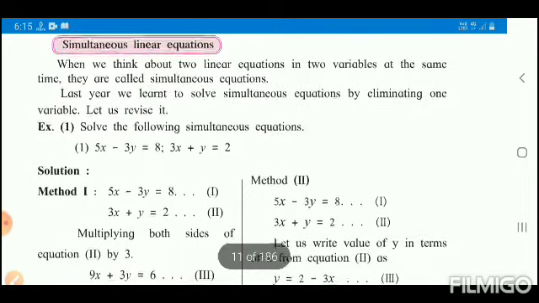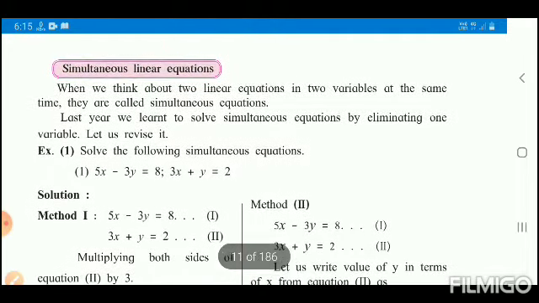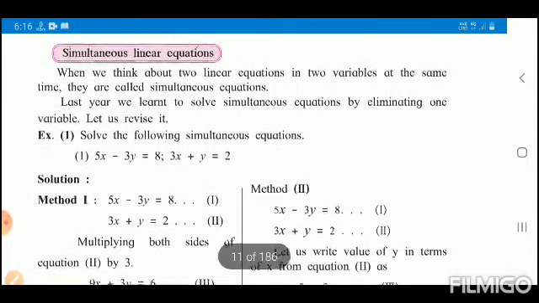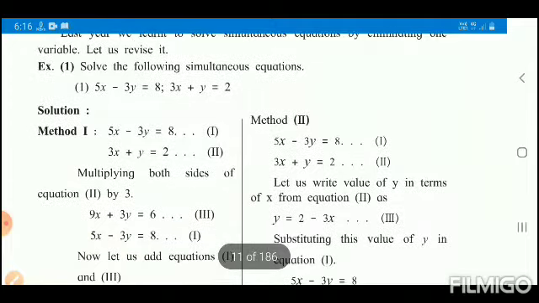Means here they said, when we think about two linear equations in two variables at the same time, they are called simultaneous equations. Last year we learned to solve the simultaneous equations by eliminating one variable. Let us revise it.